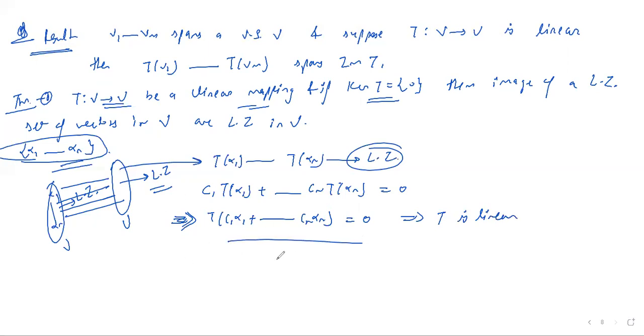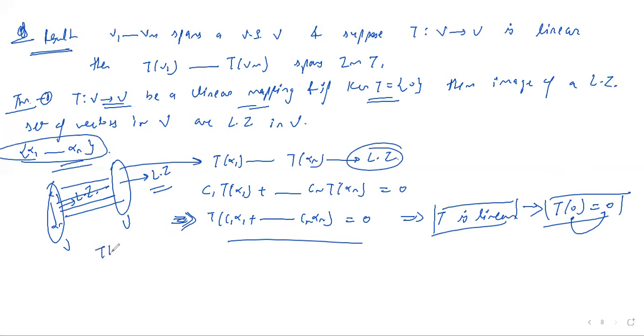Now because T is linear, we have an important result, which is T of 0 equals 0: the zero vector maps to the zero vector. This result has to be satisfied because T is a linear mapping.